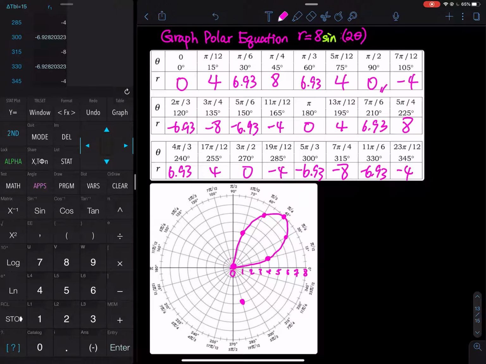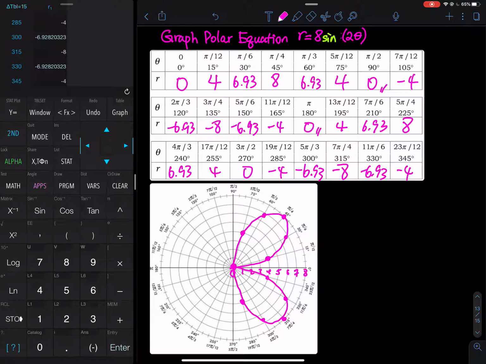Then -6.93, then -8, then -6.93, then -4, and then a 0. So we go this way. That is another leaf. We just finished right here.